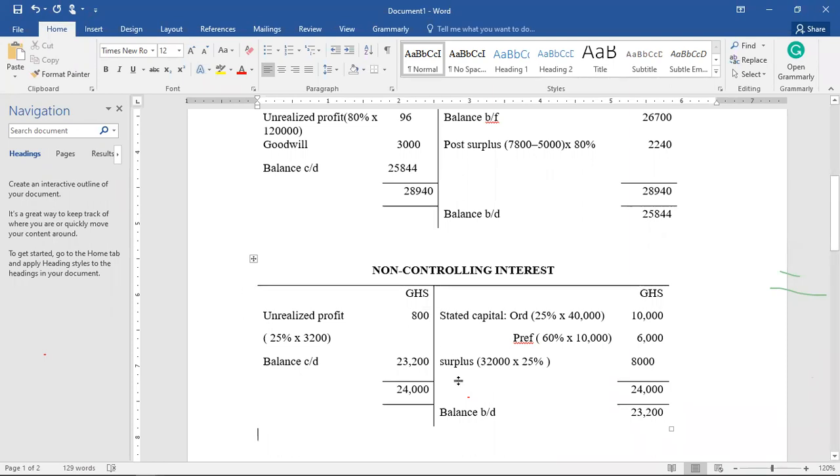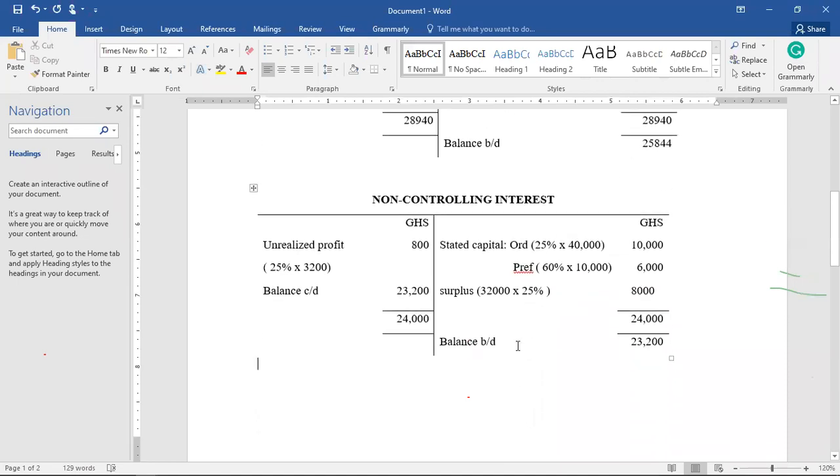Now, let's go ahead and calculate or look at the minorities account. Minority is having 20 here.